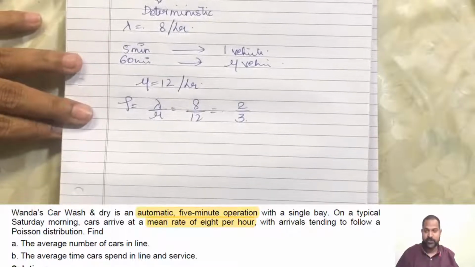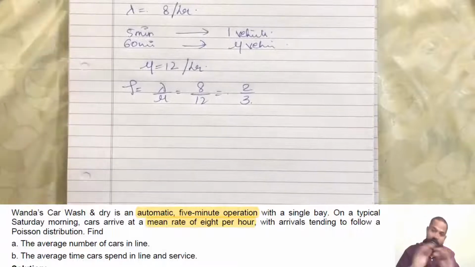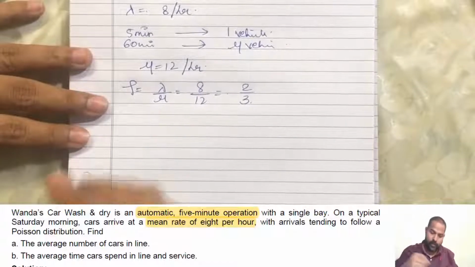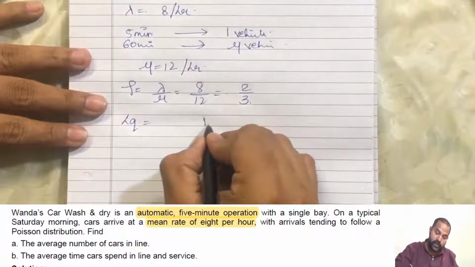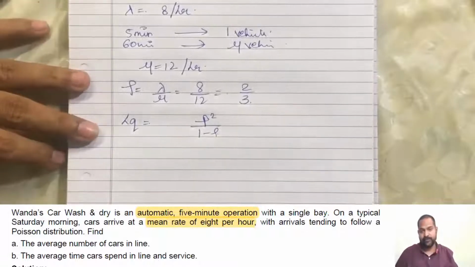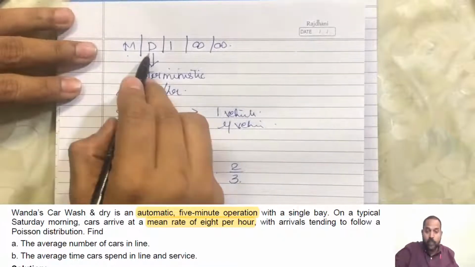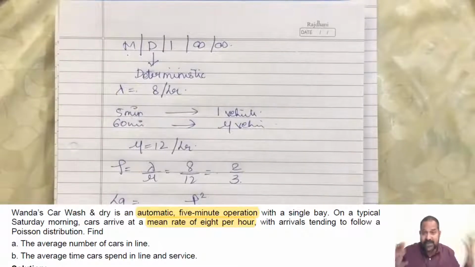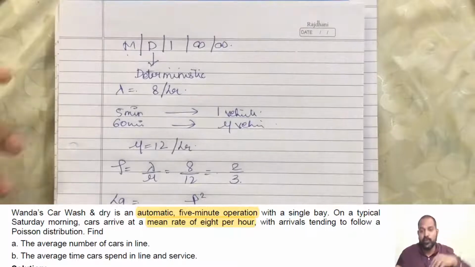And now things change. The thing that changes is one very small thing, everything else remains the same. What is your usual length of Q? Well, my usual length of Q is rho square upon 1 minus rho. Now, remember I told you, because both are random, there is randomness in the environment. That is why the waiting times are more and the length of the queue is long.